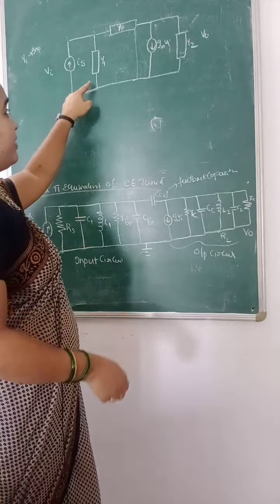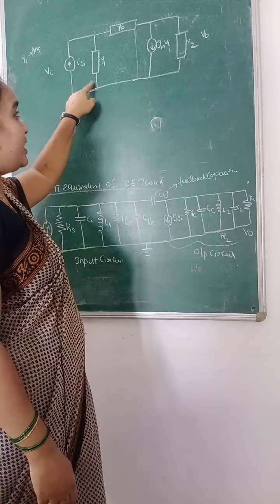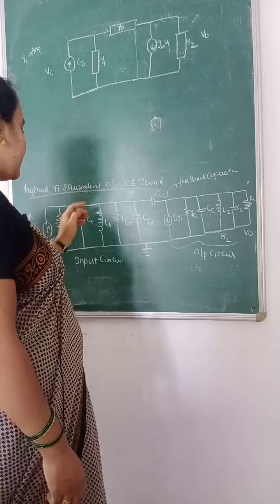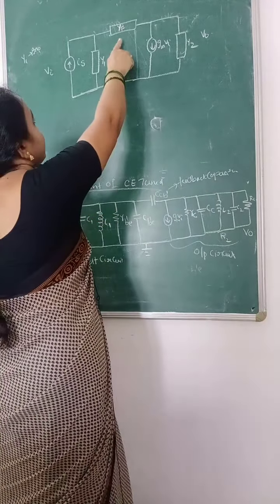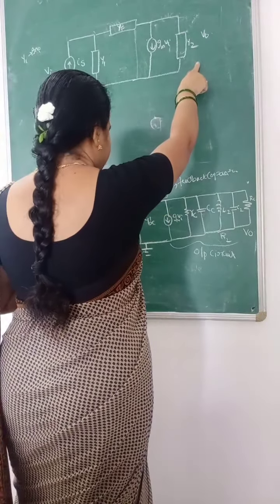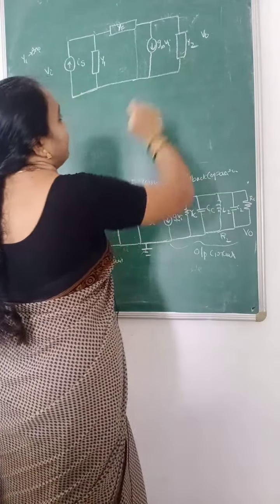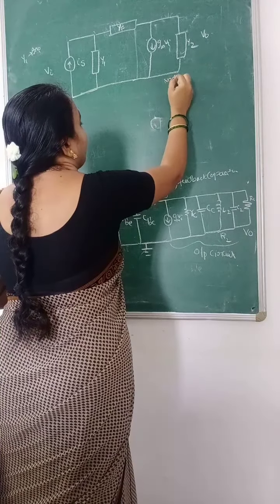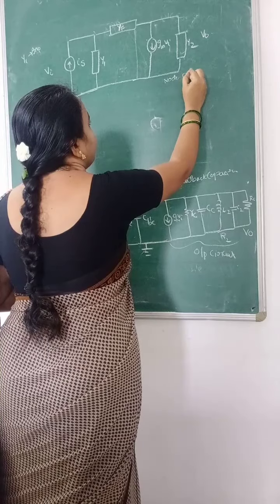Here Y1 is the input admittance. Admittance is nothing but the inverse of the resistance. Yf is the feedback admittance, and Y2 is the output admittance. This is the node analysis of the common emitter tuned amplifier.